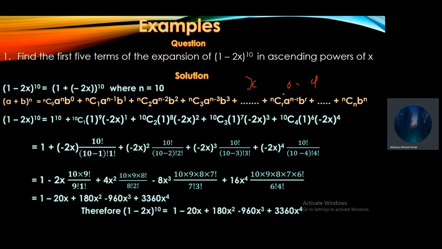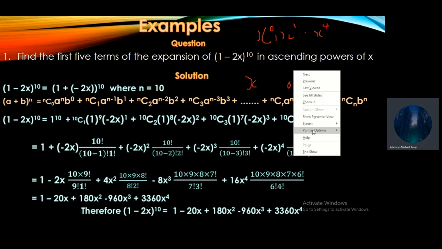Is that okay? So in the ascending powers of x, we have x raised to the power of 0, x raised to the power of 1. Looking for 5 terms, we're going to stop at x raised to the power of 4. So 0, 1, 2, 3, 4, and that will give us 5 terms. Is that okay?